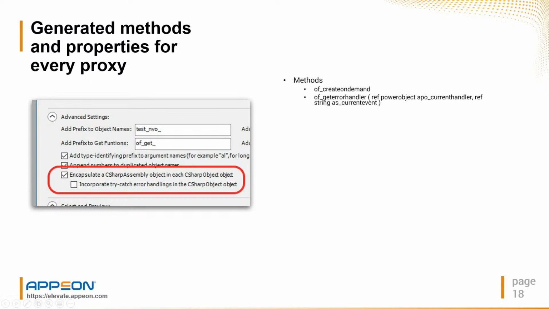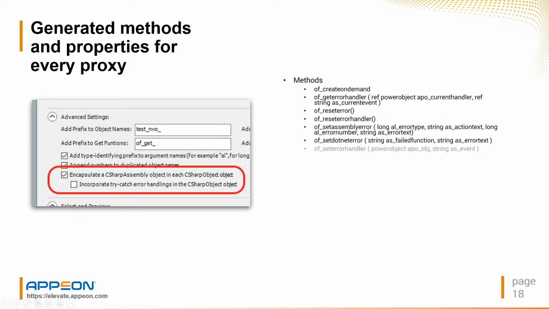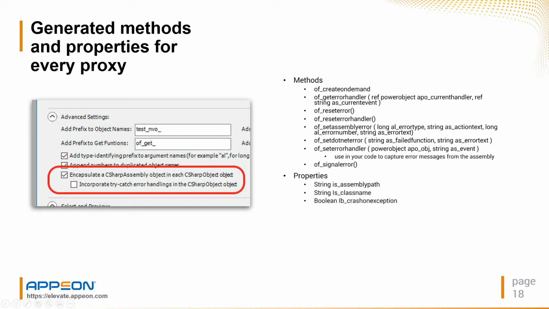So there's a bunch of different methods that get generated on these proxy classes, and there's a number of fields as well, or properties I should say. The main one you want to make sure you use in your code is this error handler.